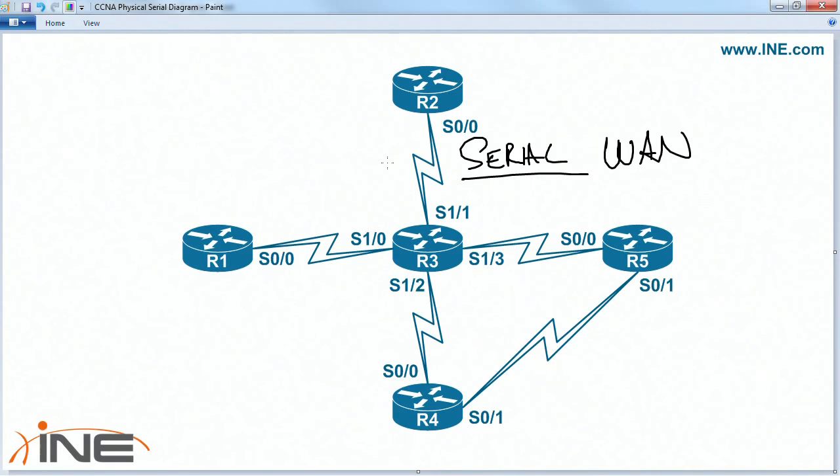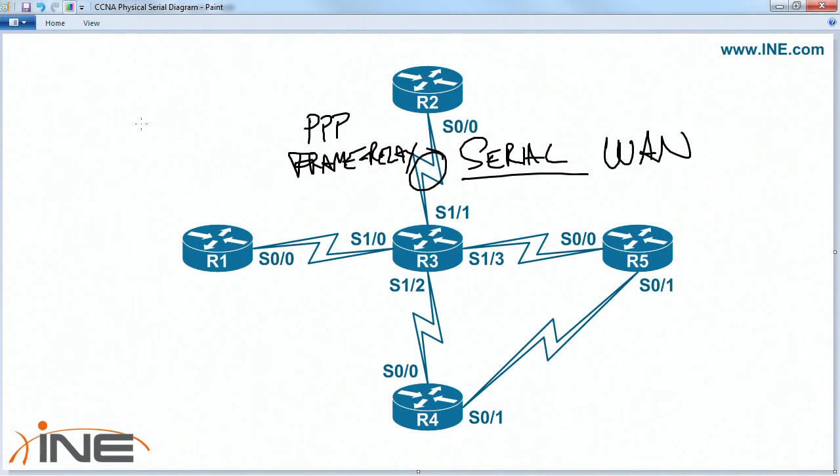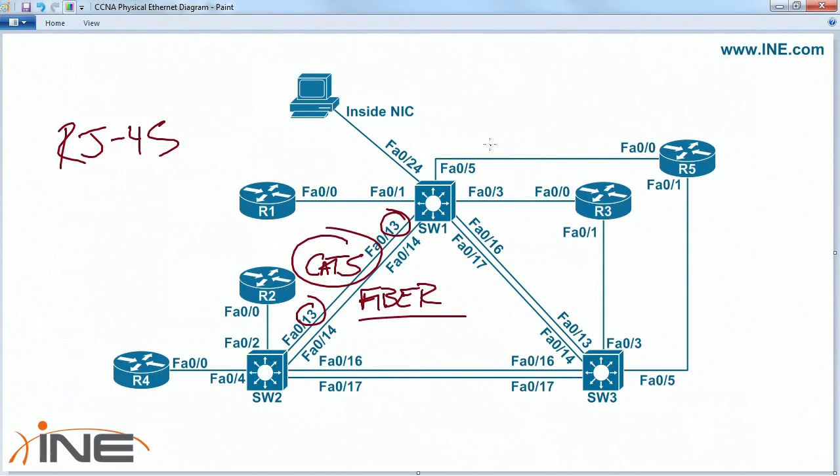We'll talk about the properties of these, like the difference between running the PPP protocol versus the Frame Relay protocol over these links. That's what these lightning bolts in the diagram typically denote, a serial link, whereas the ones that are just lines are most of the time going to be Ethernet.